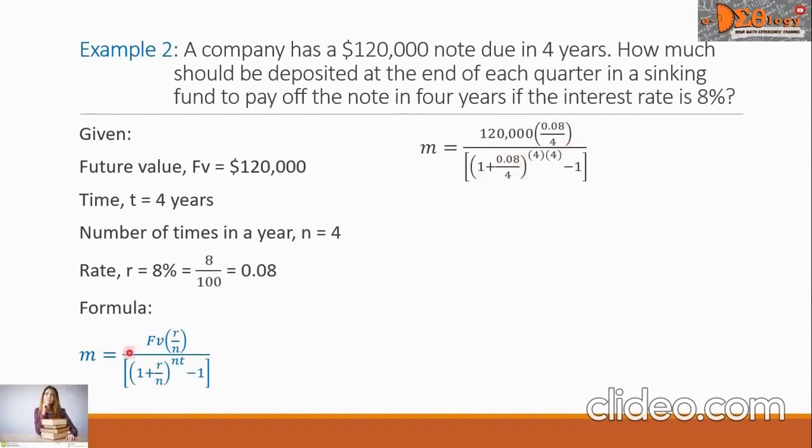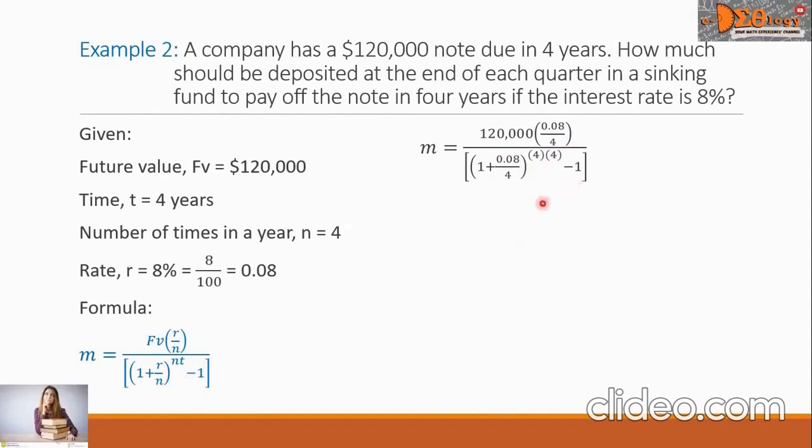We will copy the constant 1, and the exponent will be NT. And NT is 4 times 4. And we will copy the minus 1 in here.